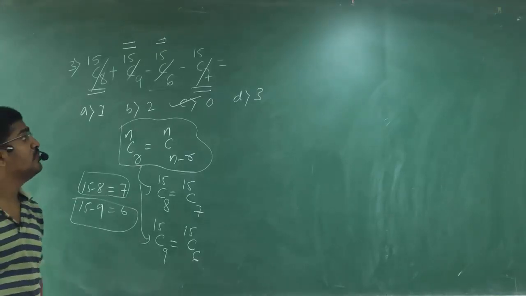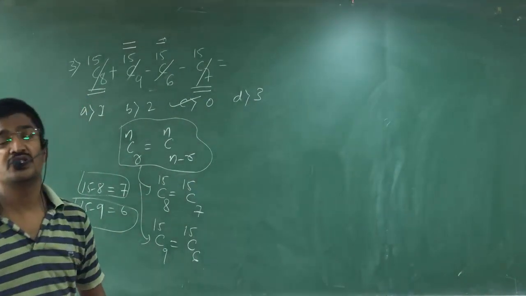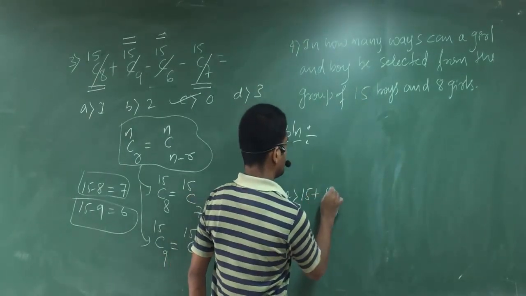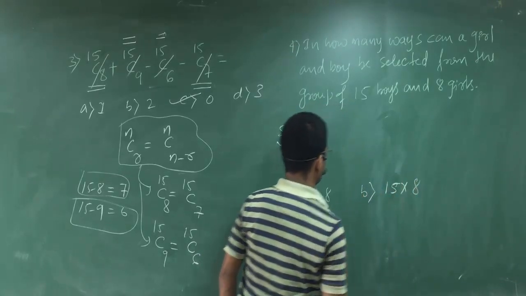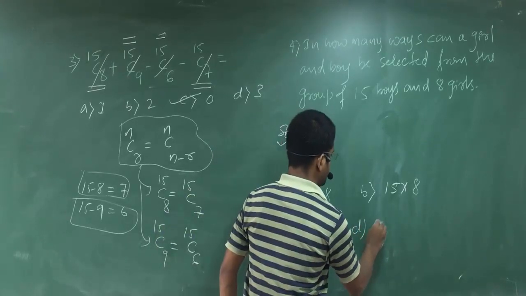Therefore 0 will be your answer for this particular question. Okay, here the options are 15 plus 8, 15 into 8, option C is 15C8, and option D is none of these.